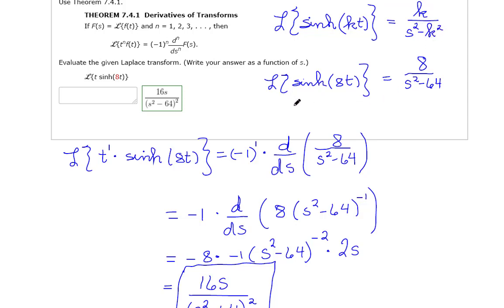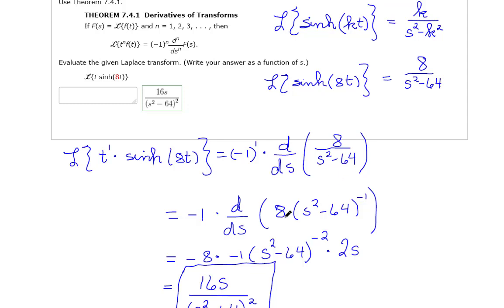So the Laplace transform for the hyperbolic sine of 8t, I get an 8 on the top, 8 squared is 64. So it's t to the power of 1 again, so that's minus 1 to the 1. And then the derivative of 8 over s squared minus 64.